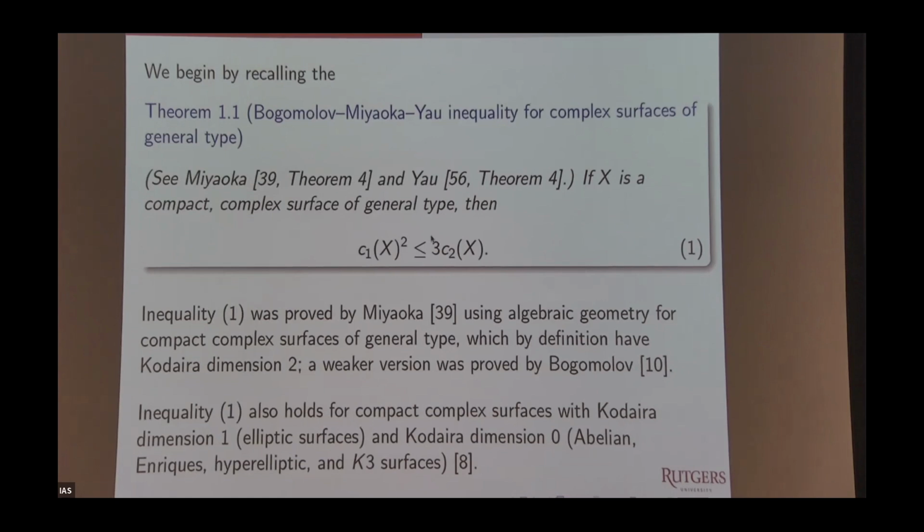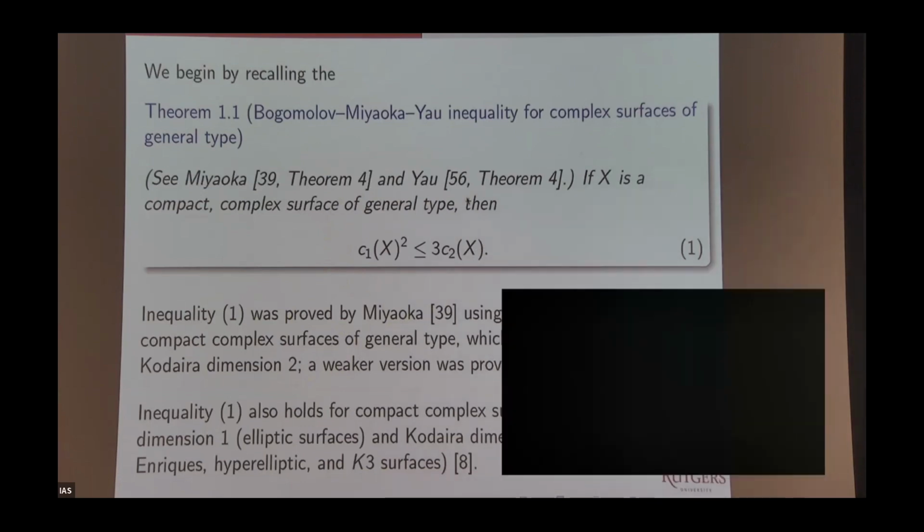So if you don't know anything about the classification of complex surfaces, that's fine. I don't know a whole lot either, but I'll just say that this inequality also holds for other complex surfaces, and a little list of them is given there at the bottom of the page. And a weaker version of this inequality was proved by Bogomolov, I think a little bit earlier, and that's why it has the B and Y name attached to it.